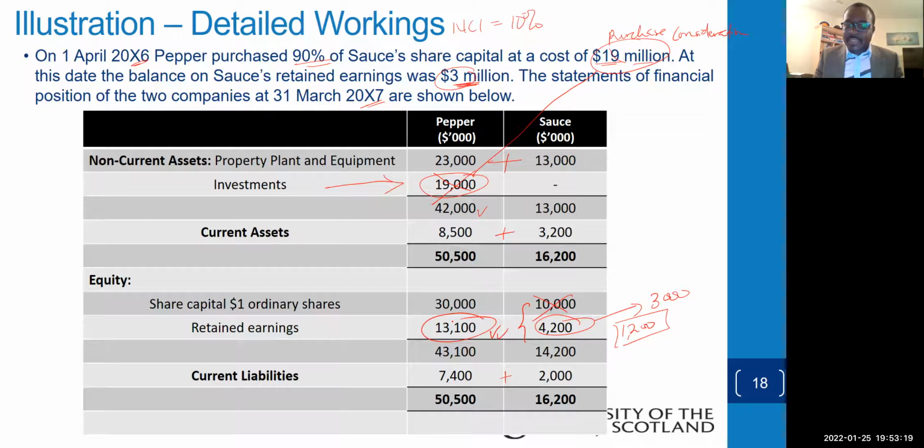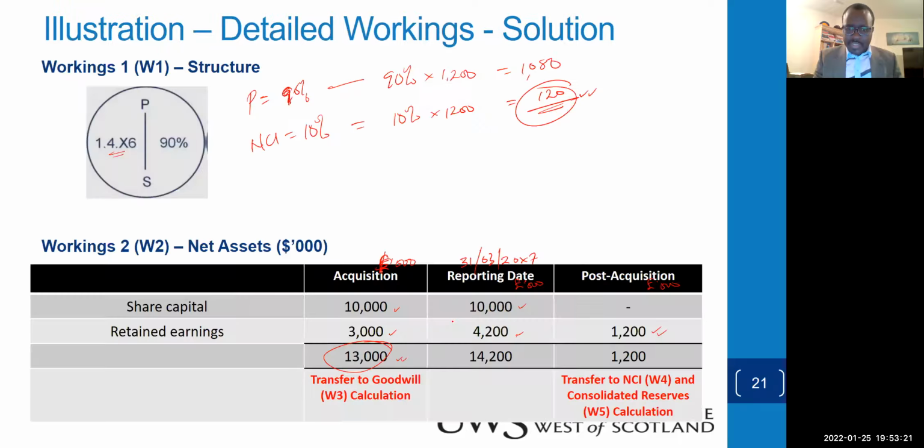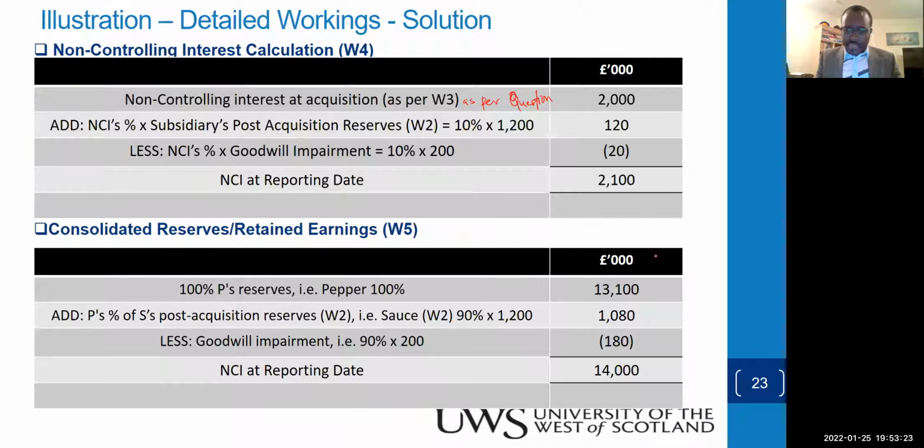Then we adjust. 13,100 is what we had for the parent. The parent had a 90% share of the post-acquisition reserves of the subsidiary, which gives us 1,080. The parent will also take 90% of the goodwill impairment, which gives us 180. So do the additions and subtractions and you get 14,000.